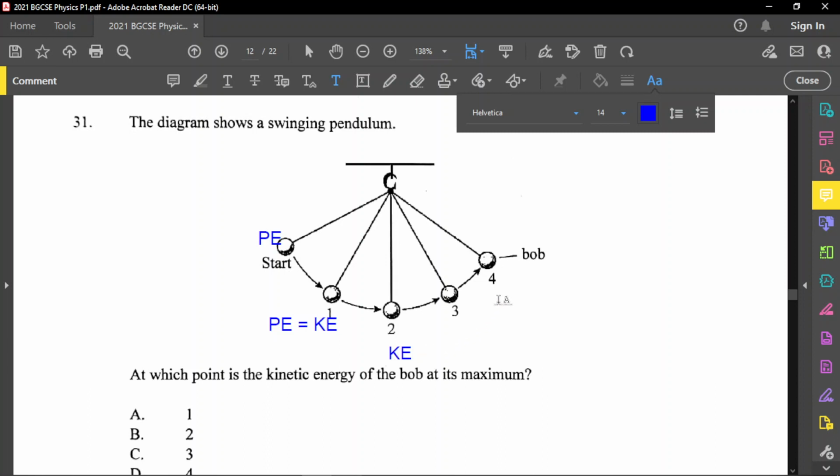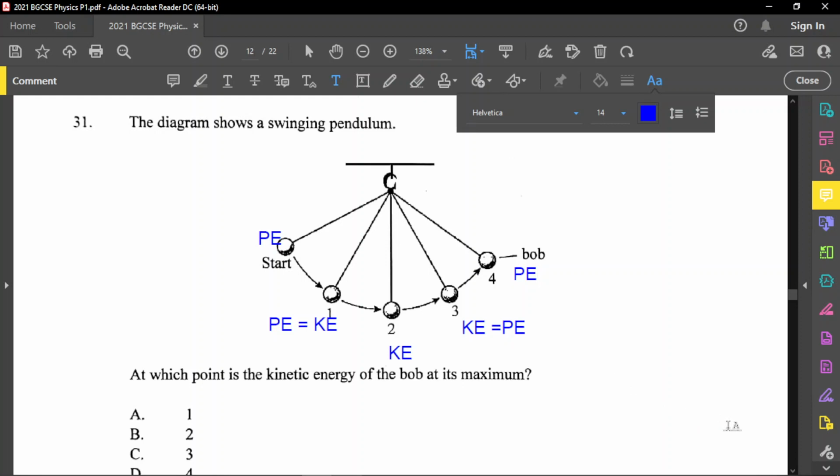Going up to 3 and 4, there's a decrease in kinetic energy and an increase in potential energy. At point 3, exactly halfway, kinetic energy equals potential energy. At point 4, there's no kinetic energy anymore. It turns into potential energy. And coming back, the opposite thing is happening.